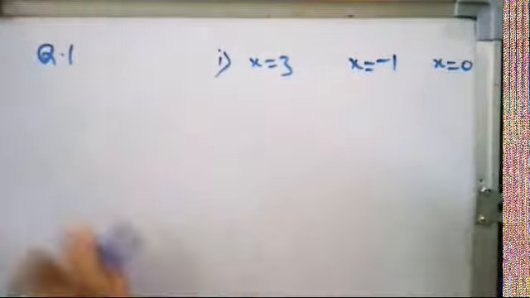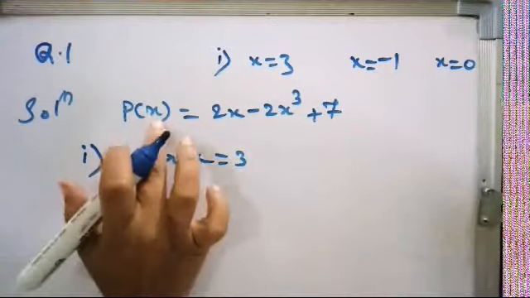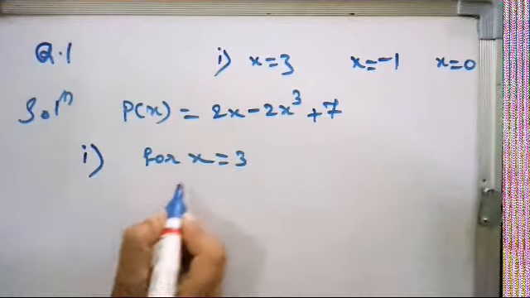So solution: first of all, we will write which is the polynomial equation. p of x is equal to, see, the name is not given there but you have to write like this, 2x minus 2x cube plus 7. And you have to find out the value for x is equal to 3, then x is equal to minus 1, and then x is equal to 0. So we will do it for x equal to 3. Wherever you can see the x, you have to put 3.